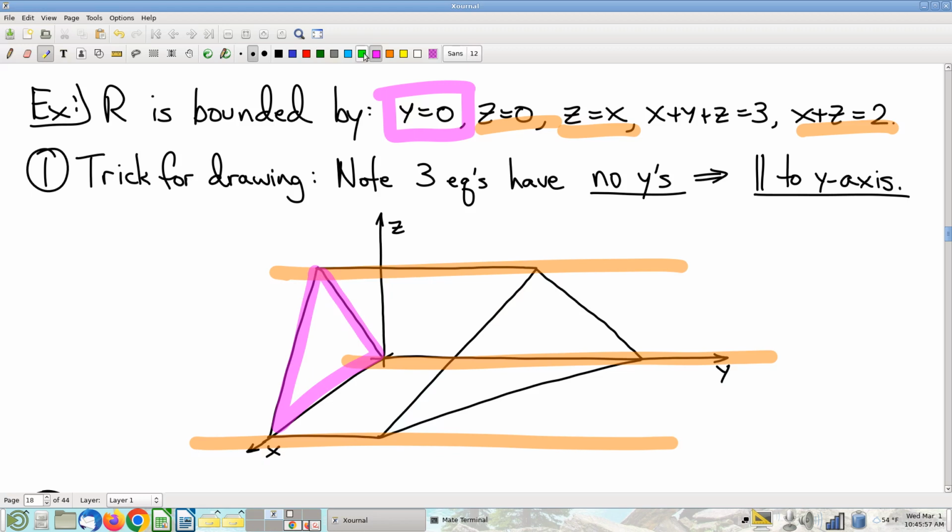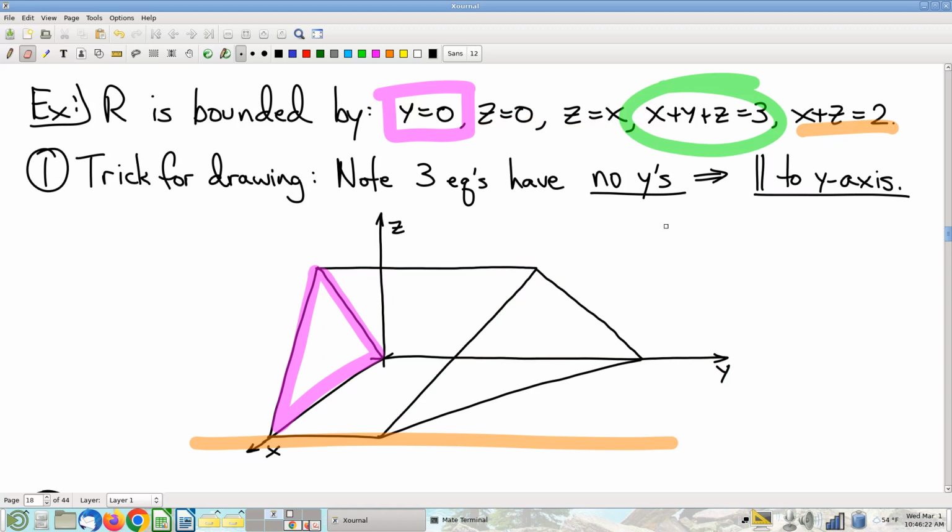And then lastly, what's the deal with this equation right here? This is the tough one. This is a slice that's coming in at kind of a weird angle. And so, yeah, you're going to get something that's kind of like this. How did I know to draw this exactly? One thing you could do, if you like, is think about these edges one line at a time. For example, on this edge here, where x is 2 and z is 0, solve for y, you find that y is equal to 1 on that edge.